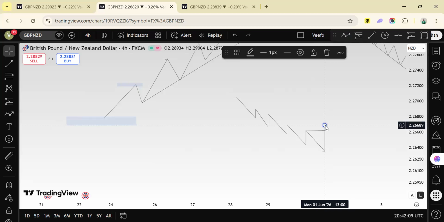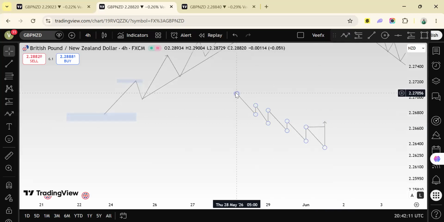Now, let's give an example here. You can see this zone right here is pushing price to the downside, right? So at this area here, you're going to have what we call a sell order block. This area also is pushing price to the upside, right? And at this area here, we're going to have a buy order block.